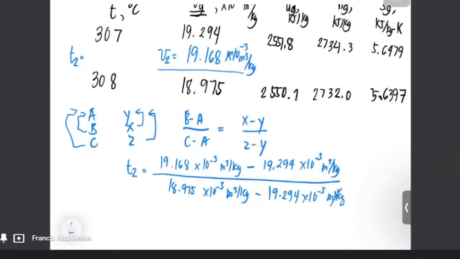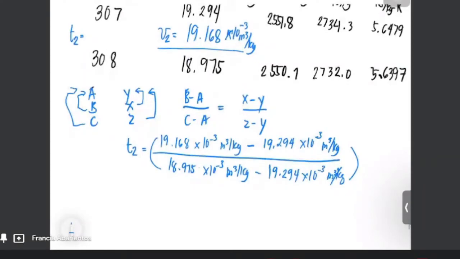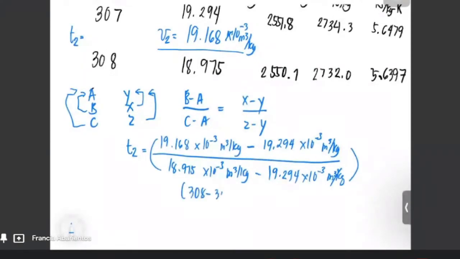Per kilogram times C minus A. What is C? Times 308 minus 307 degrees Celsius. Plus or minus? Plus A. What is A? 307. So, what is now yung temperature 2? Ano na, class, tingnan ko asa siya.